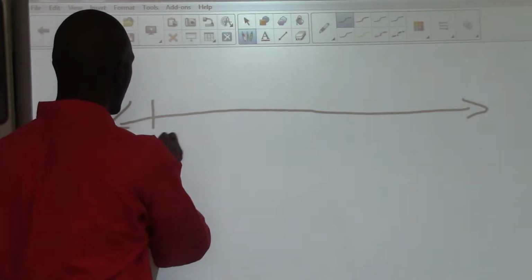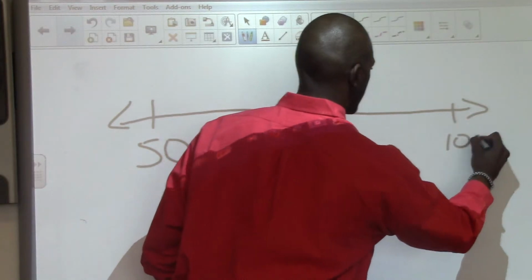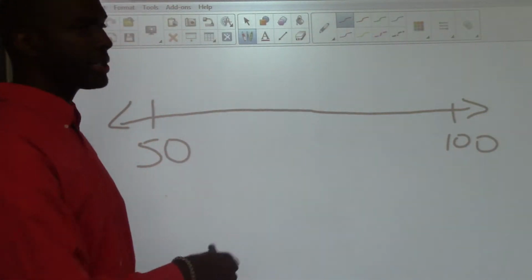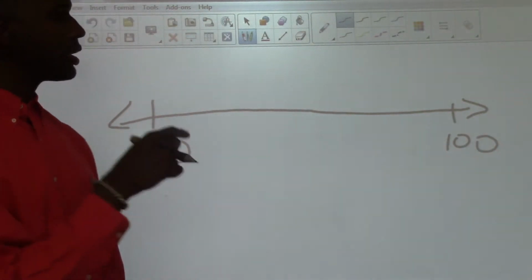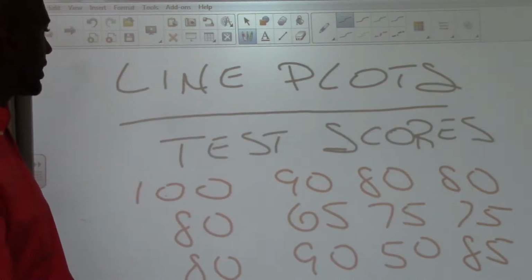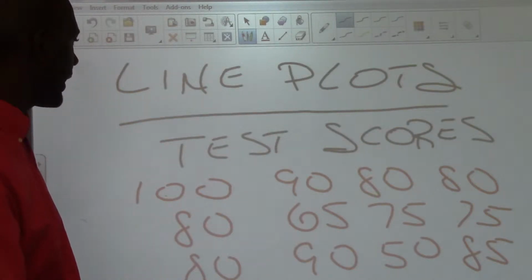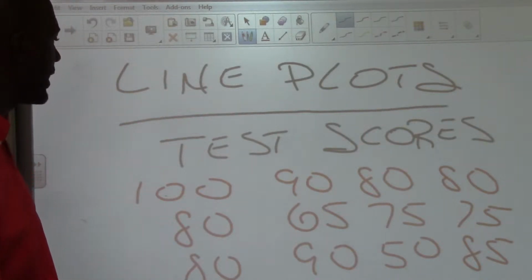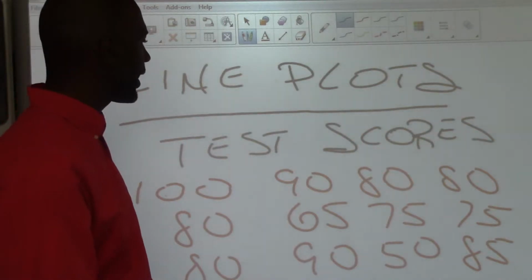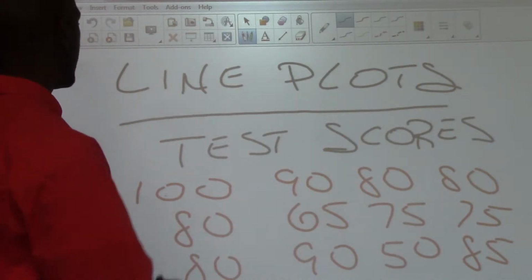So we're going to start out with a 50 and a 100. Then we're going to place all the test scores on the line plot. We have a 65, 75, 80, 85, and 90.